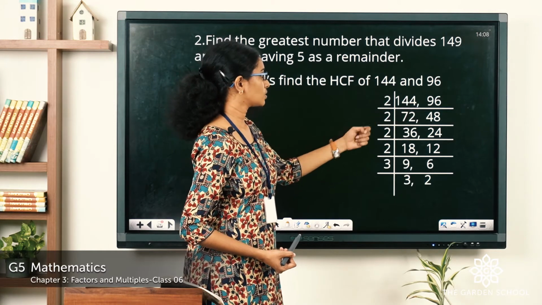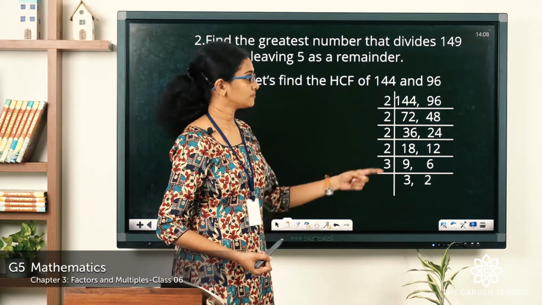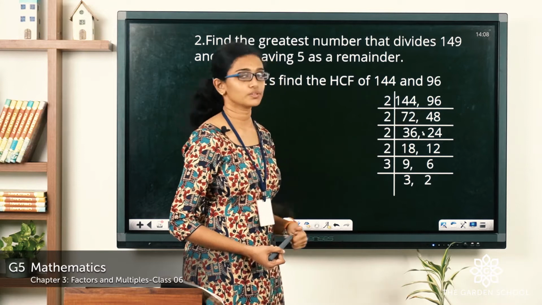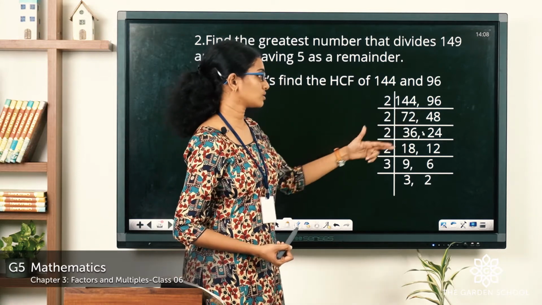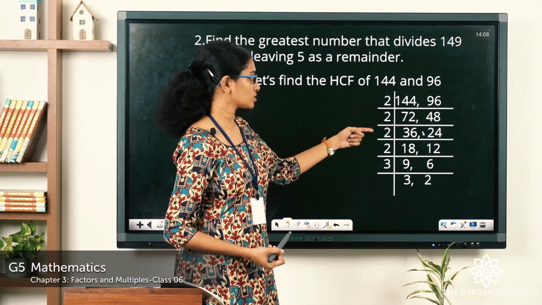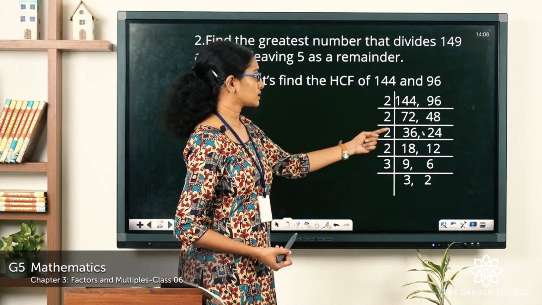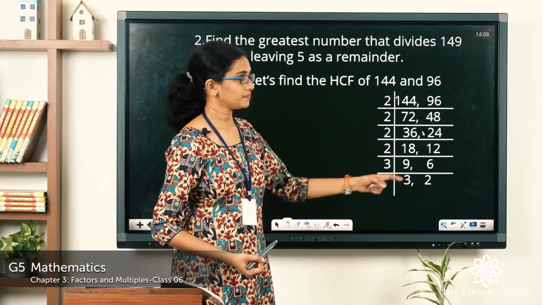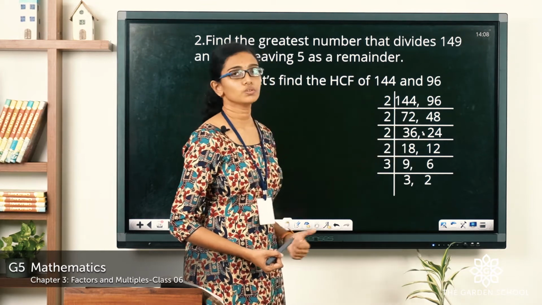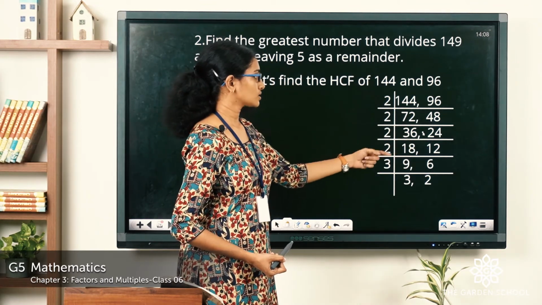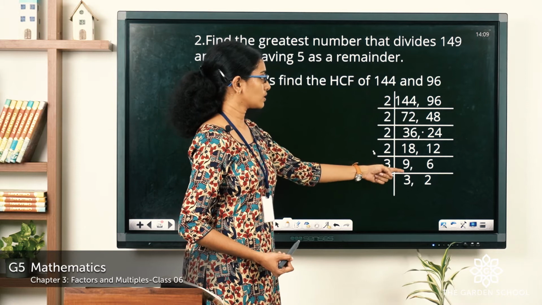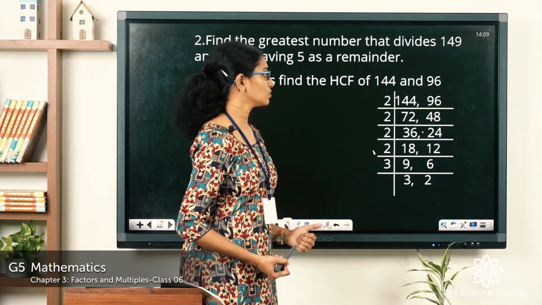So 72 divided by 2 gives you 36 and 48 divided by 2 gives you 24. Again these two numbers can be divided using 2 itself. So 36 divided by 2 gives you 18 and 24 by 2 gives you 12. Again these quotients can be divided. So 18 by 2 gives you 9, 12 by 2 gives you 6.